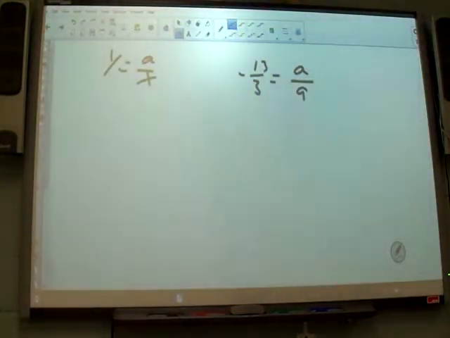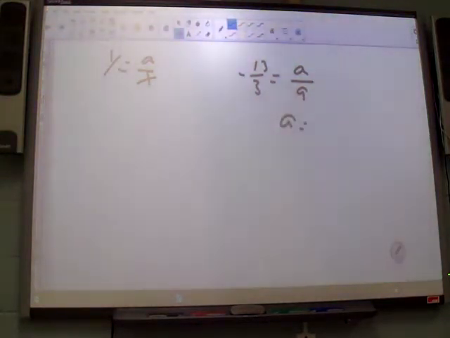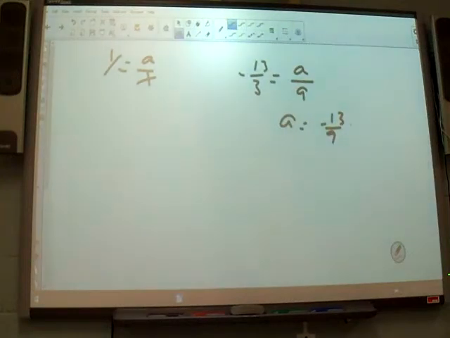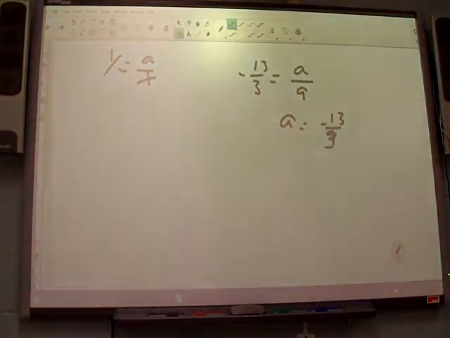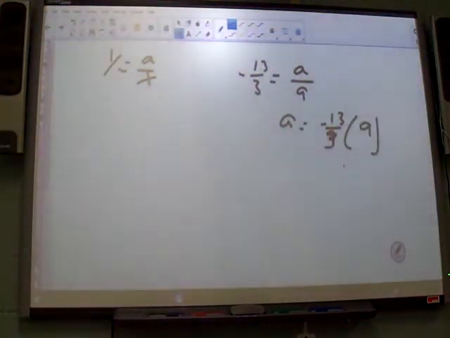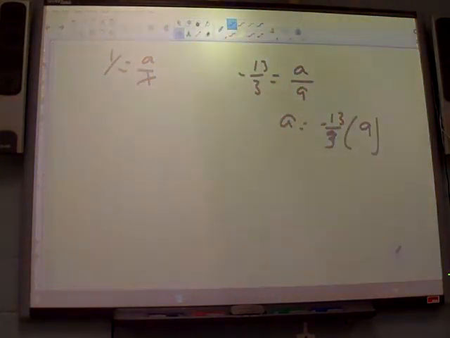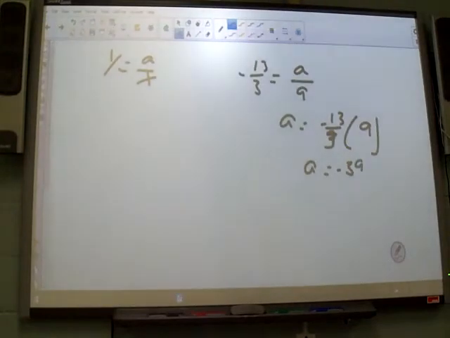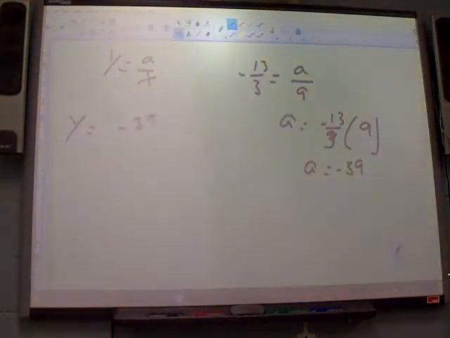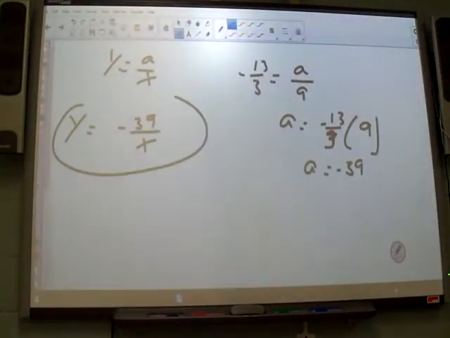So when we go to solve this for a, I'm being divided by 9, so I would multiply by 9. I have to figure out what negative 13 thirds times 9 is, and that ended up being negative 39. You can check me on your calculator if you need to, but I got negative 39. So my equation is y equals negative 39 divided by x. There's answer 1.